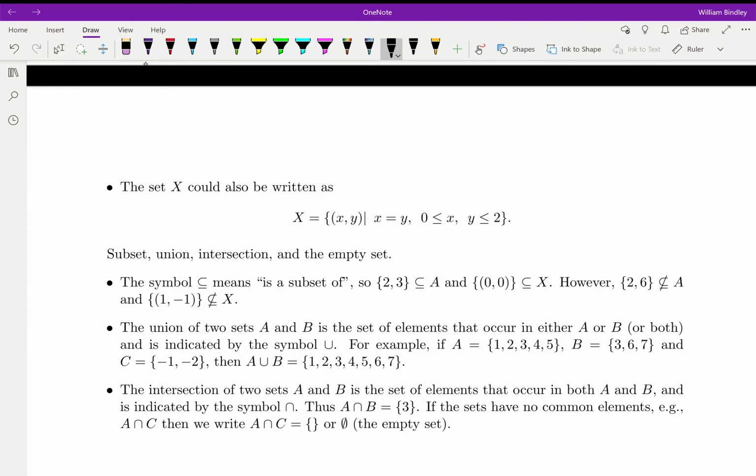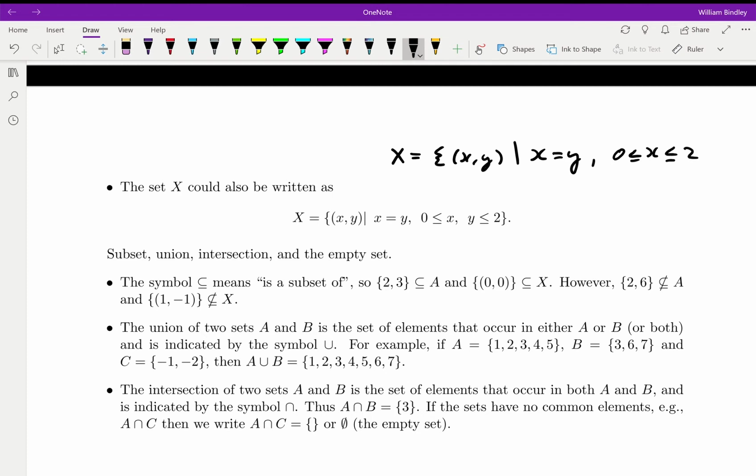We could have said X, so I'll use a different pen, X is equal to the set of all ordered pairs (x, y), such that x is equal to y, and 0 is less than or equal to x, which is less than or equal to 2.